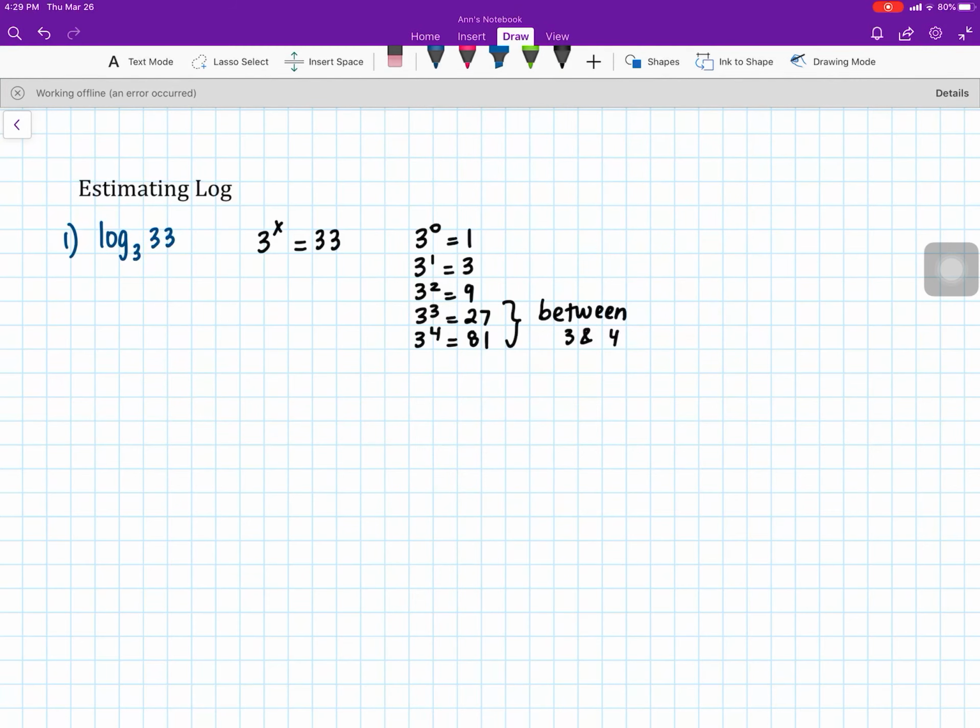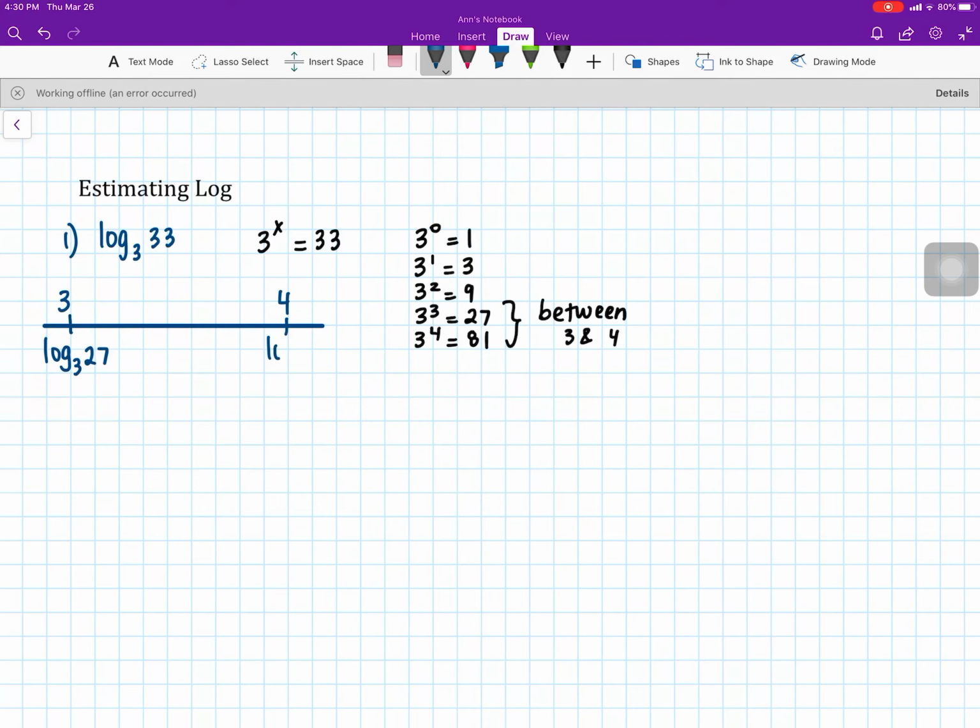Let's do that on a number line here. We know that it must be between 3 and 4. Actually, I'm going to write the 3 and the 4 on top. So 3 is the same thing as saying log base 3 of 27 because 3 cubed is 27.